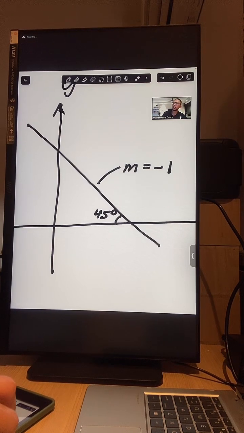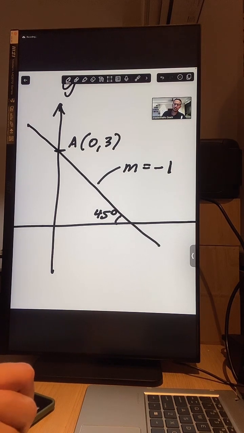And this point here is point A. This will be (0, 3). Why? Because as we said, the y-intercept is 3.